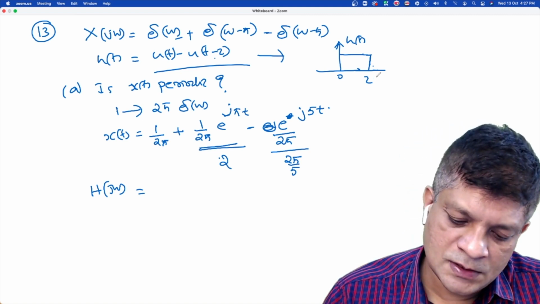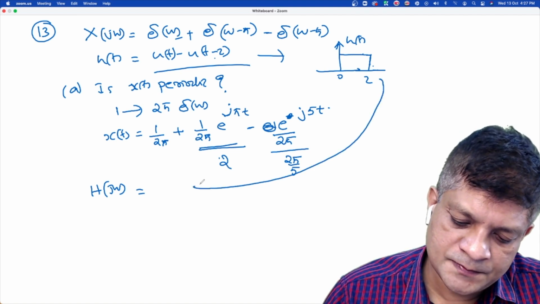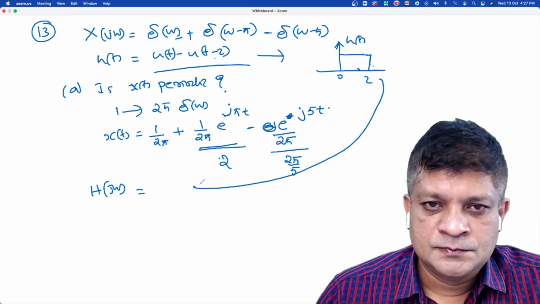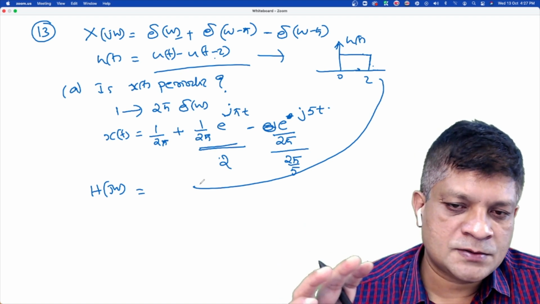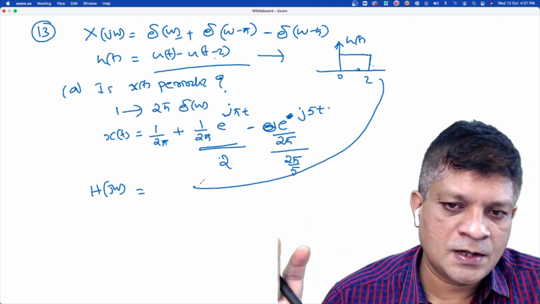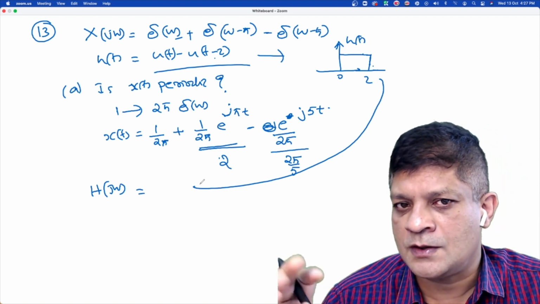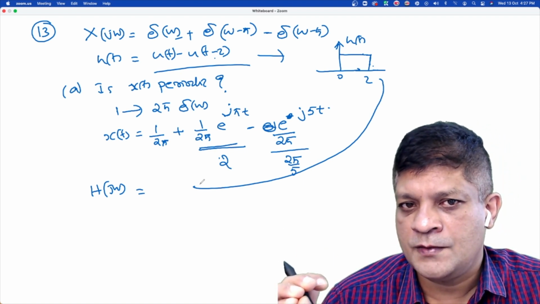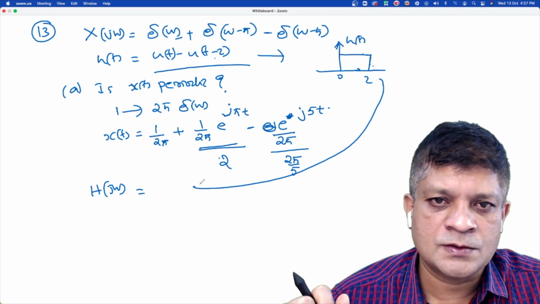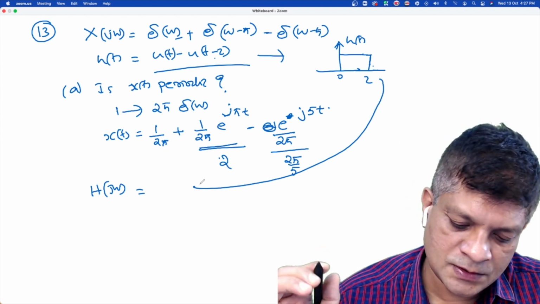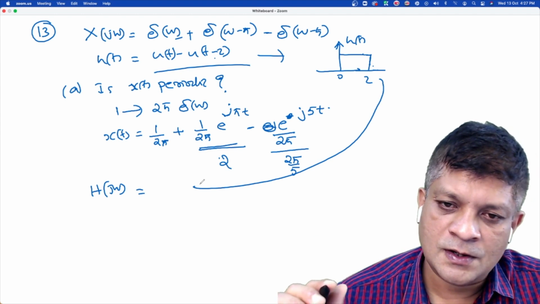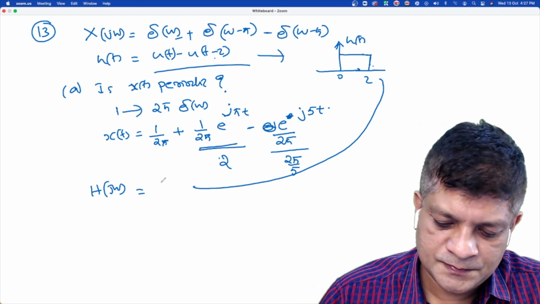Using the standard result, what is the Fourier transform of this? It is a rectangular pulse, shifted right by 1. Not the standard rec function, it is a rec function of width 2.